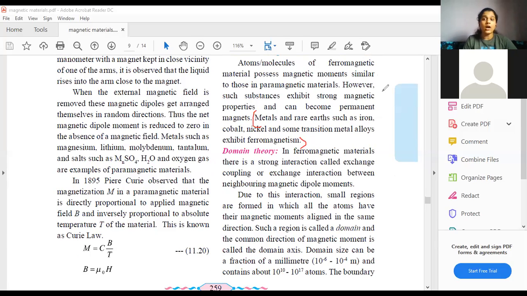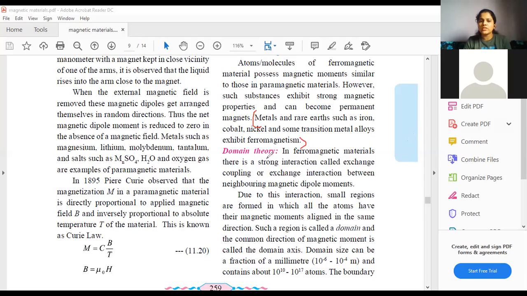Iron, especially soft iron, is the best type of ferromagnetic material. You can note it down somewhere over here that soft iron is the best ferromagnetic material. Whenever devices require ferromagnetic materials, soft iron is used.